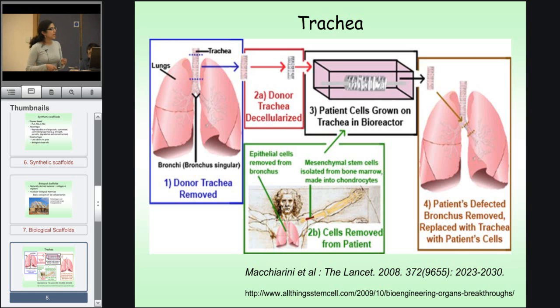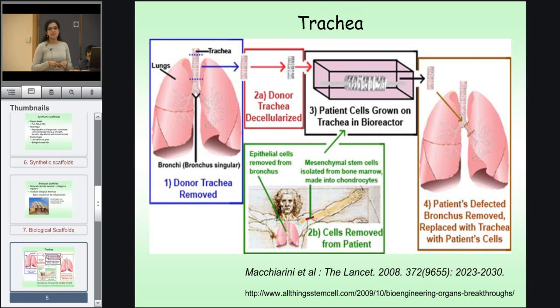They then took cells from the patient for whom the scaffold was intended. They took epithelial cells and mesenchymal stem cells, basically from bone marrow. They then put the scaffold together with the cells in a bioreactor. A bioreactor is simply a tissue incubator, really, and they waited until enough cells had attached onto the scaffold.